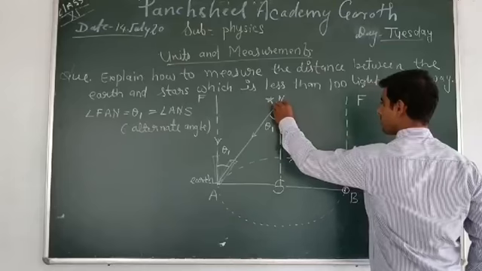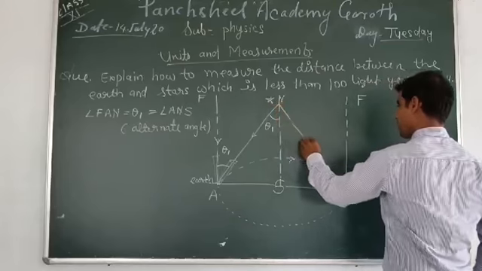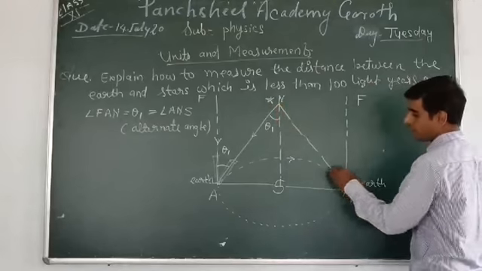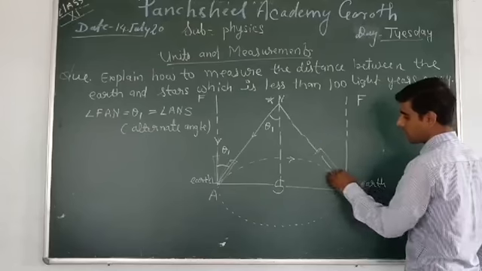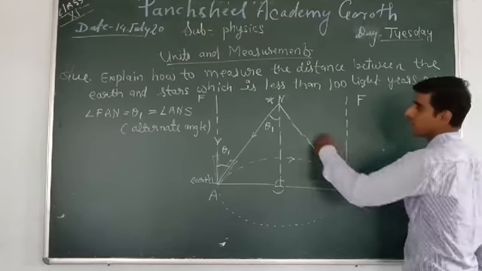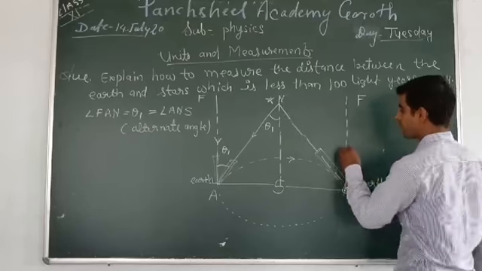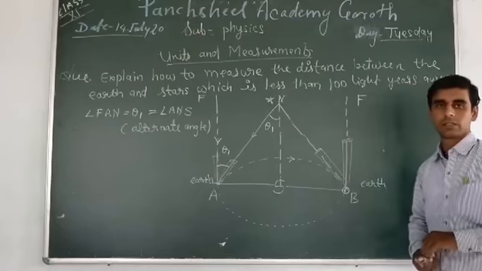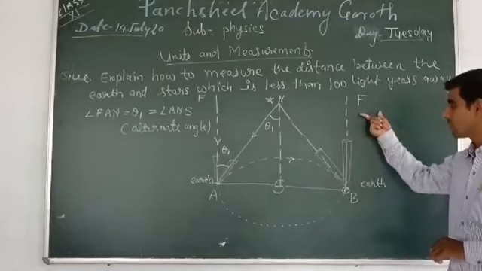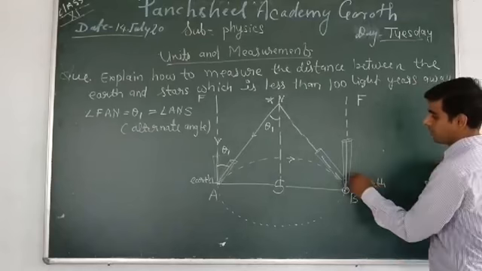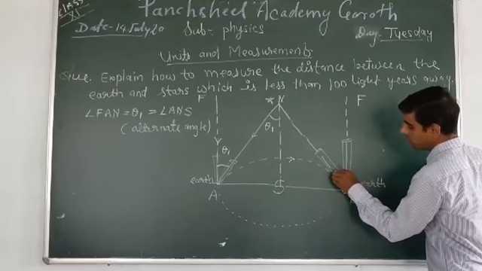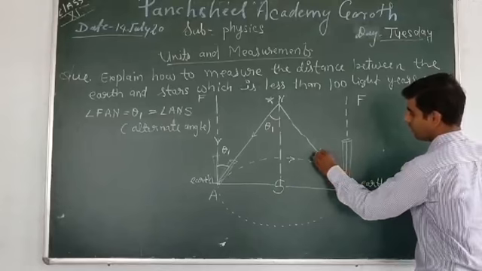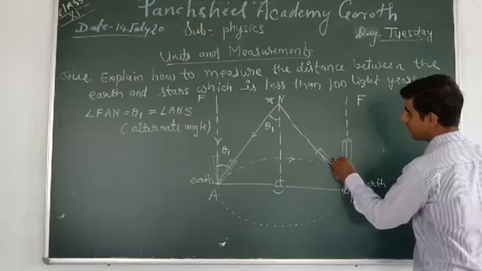So I joined this. From this location I kept an astronomical telescope to see this nearby star, and after some time this is the far star. So there is also another angle, theta 2.